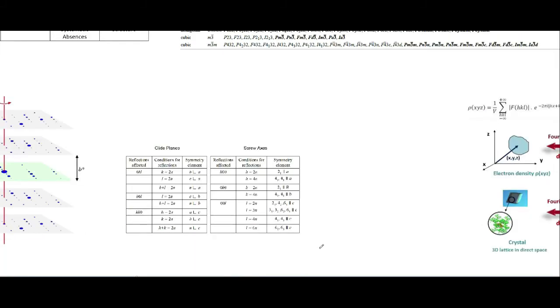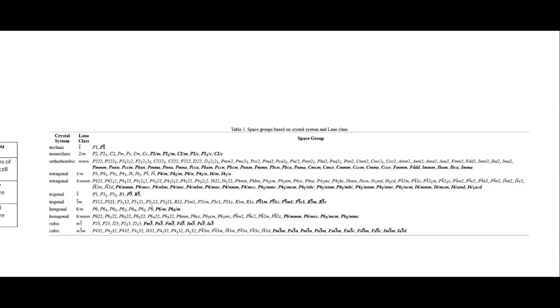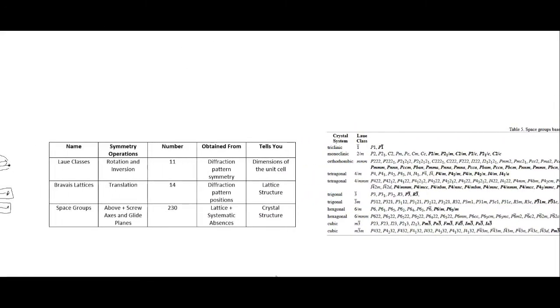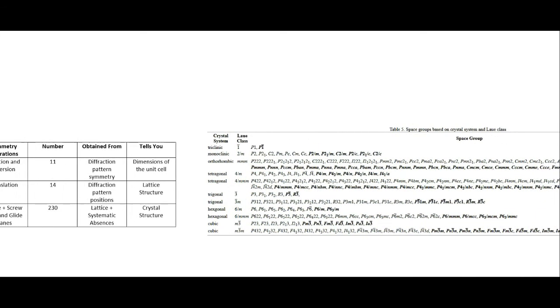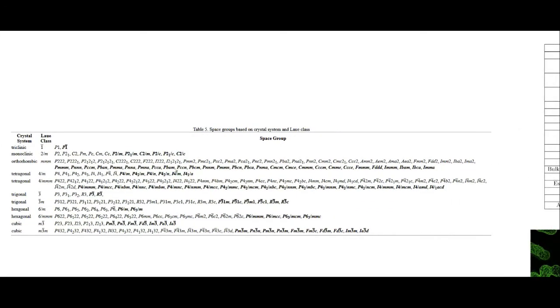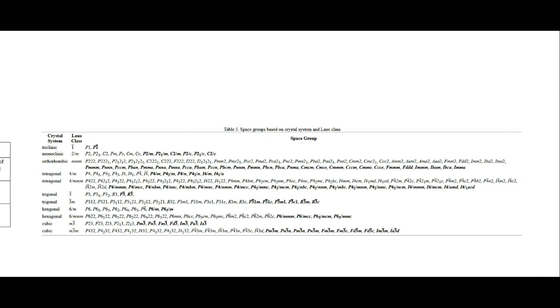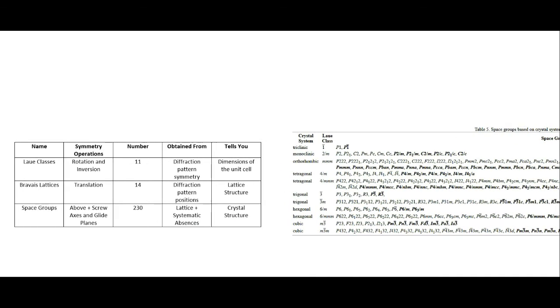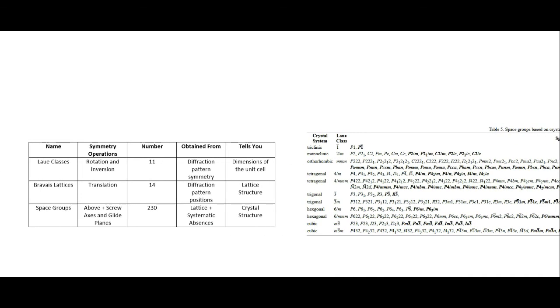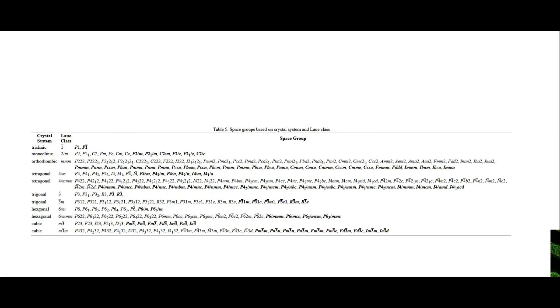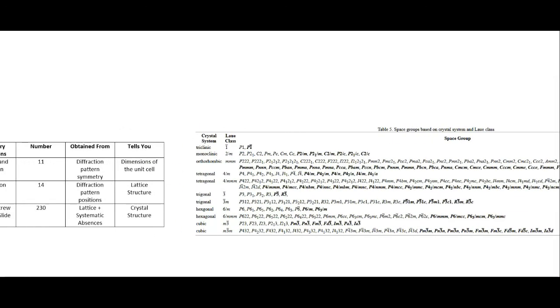But so once we have our space groups, then we know something about the symmetry of our crystal structure, the crystal lattice. And then from there, we can use that to determine the position of atoms in the crystal.